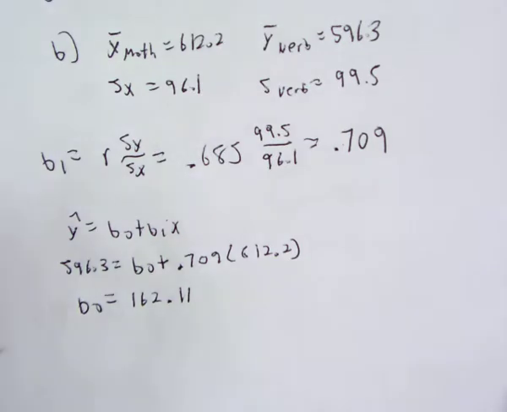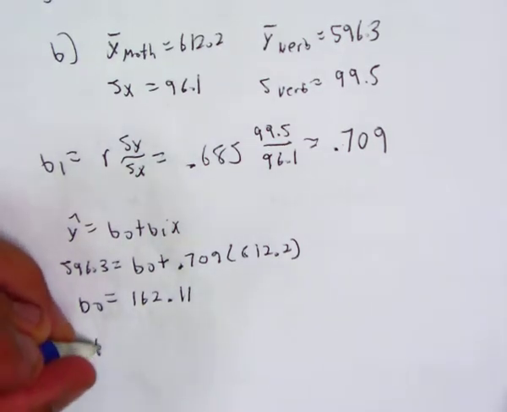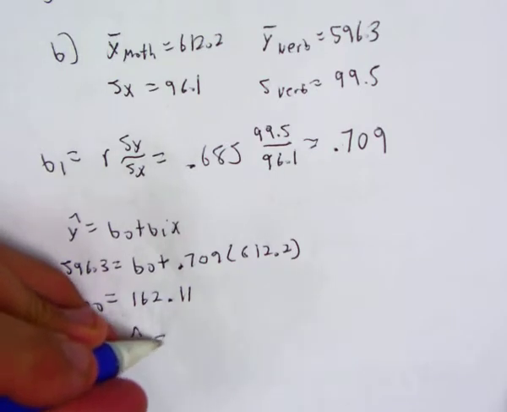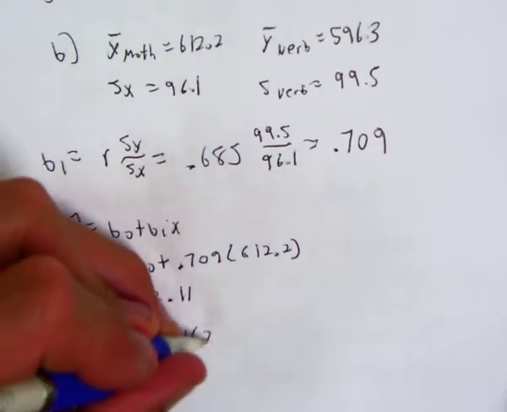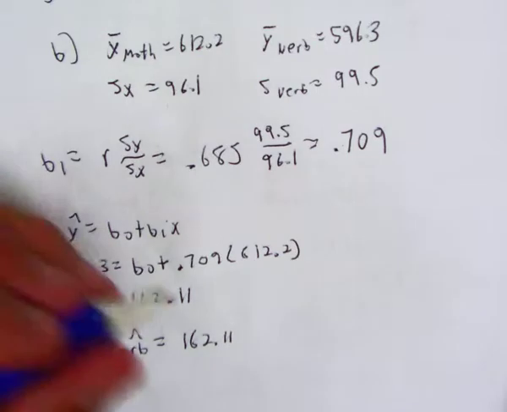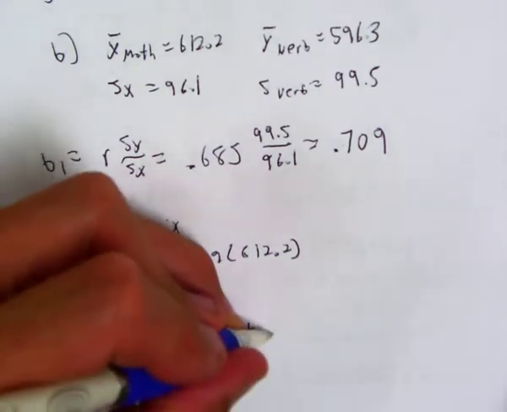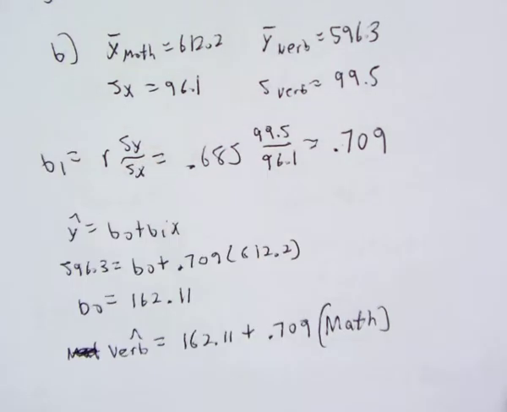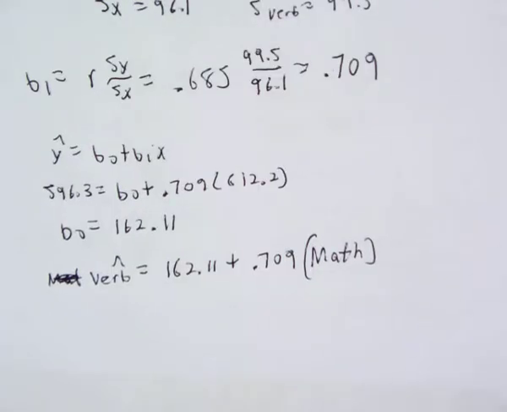So, what's the equation of the line? Well, predicted verbal equals 162.11 plus 0.709 times math. That's it. Okay? So that's B. And then in C, what would a positive residual mean?